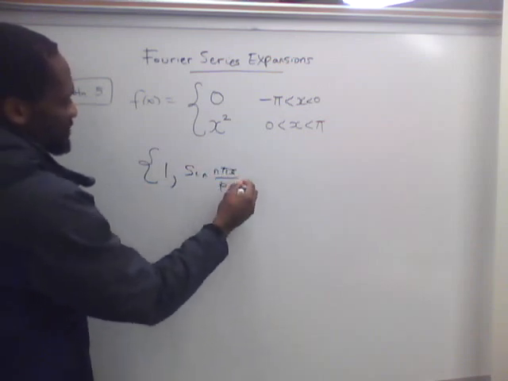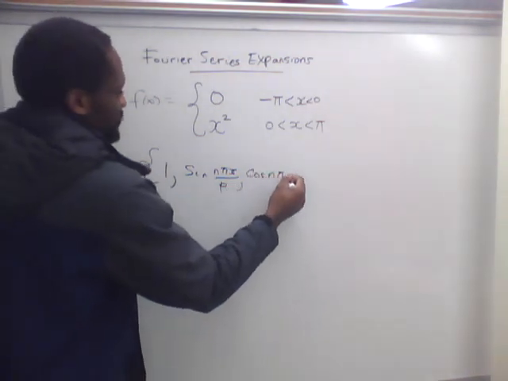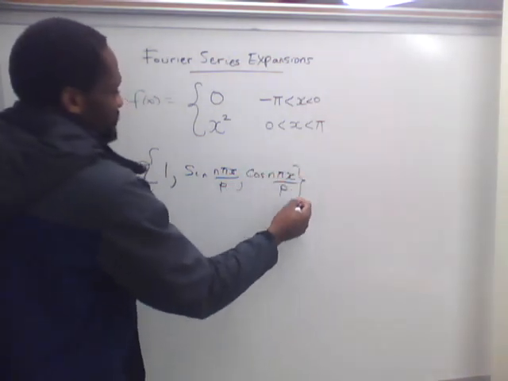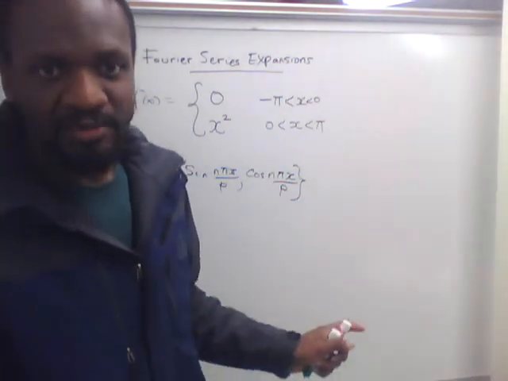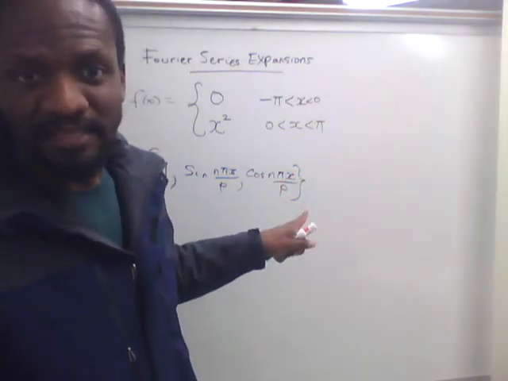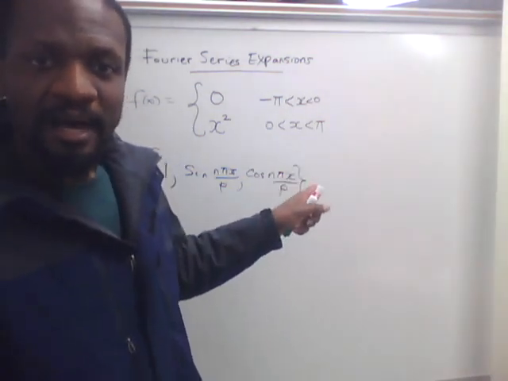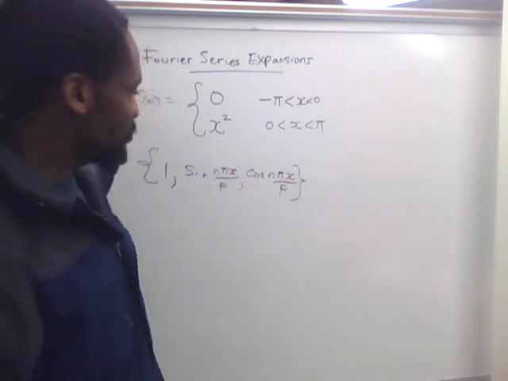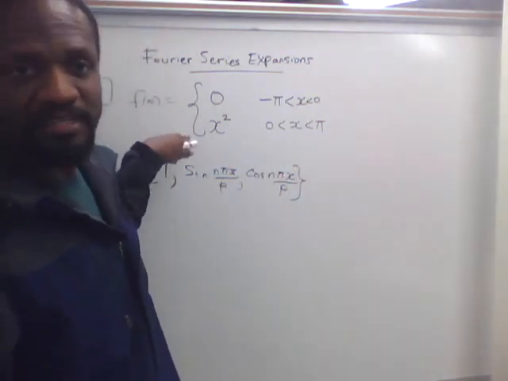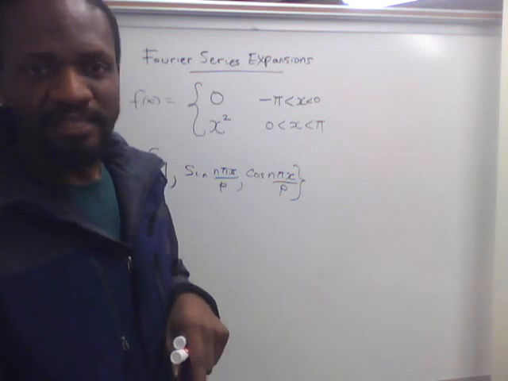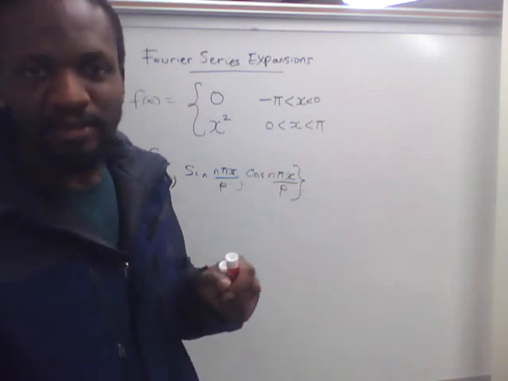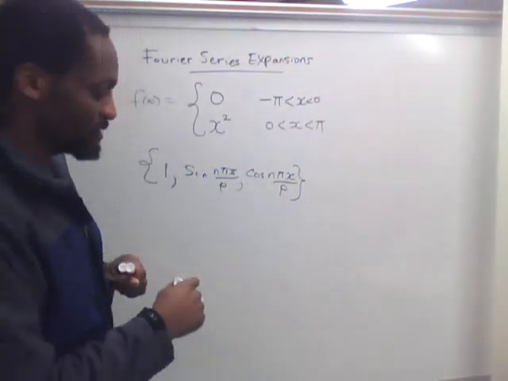Call that cosine n pi x over P. In class, we already learned how to use different kinds of orthogonal sets, the Legendre set, the Bessel set. But today, we want to see how to use this one in particular. And hopefully, this is a good enough example to show how to manipulate those integrations.